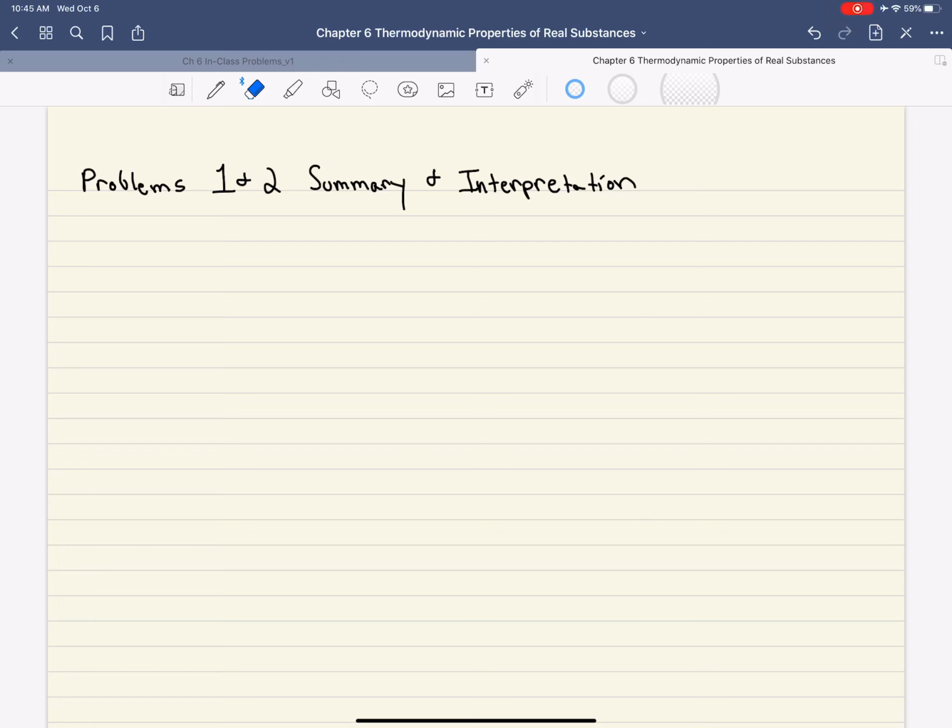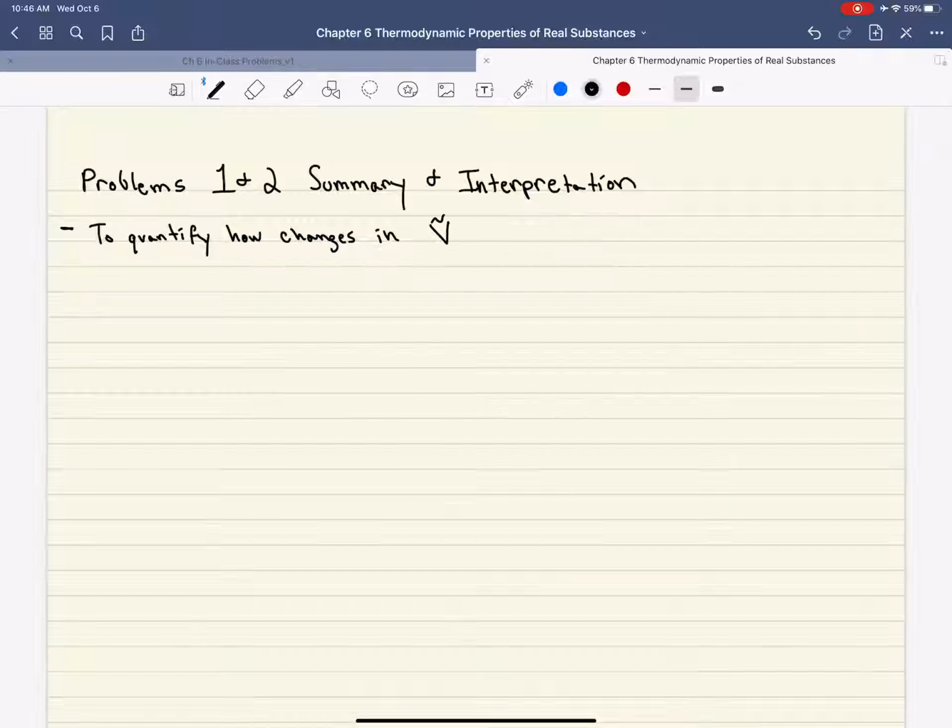So we've covered a lot of ground in Chapter 6, in-class problems 1 and 2. And so, to summarize and remind you of the things we've done, I want to go over a recap. Okay? What we wanted to do was quantify how changes in volume and temperature affected our internal energy.